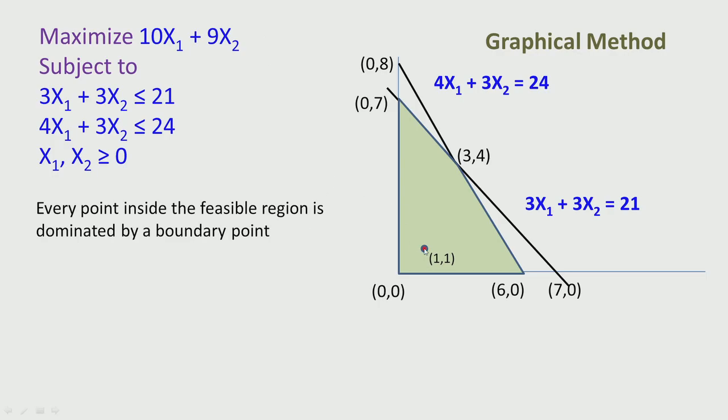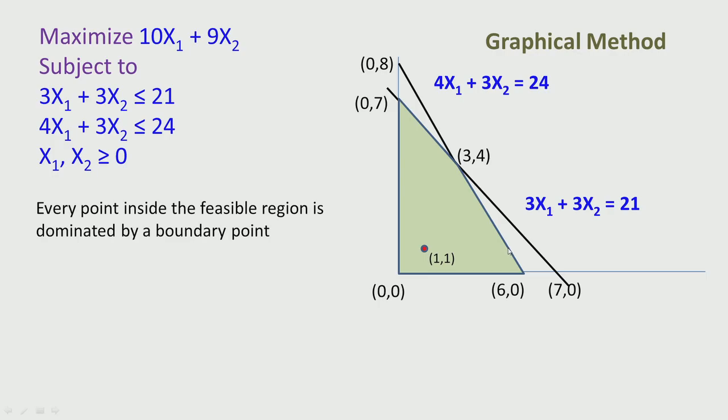Now what I do is, I can simply extend this point, increase the x1 value until it reaches a boundary point. So here what will happen is, I will be getting something like (5.5, 1) or something like that. This is the boundary point which will be here.